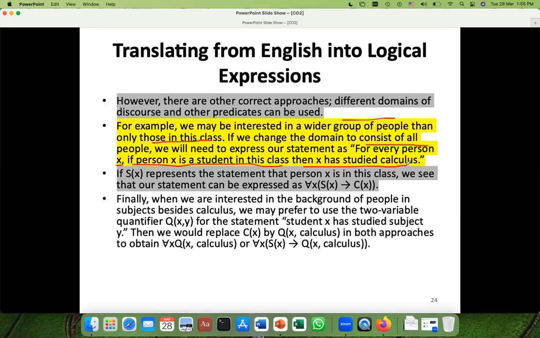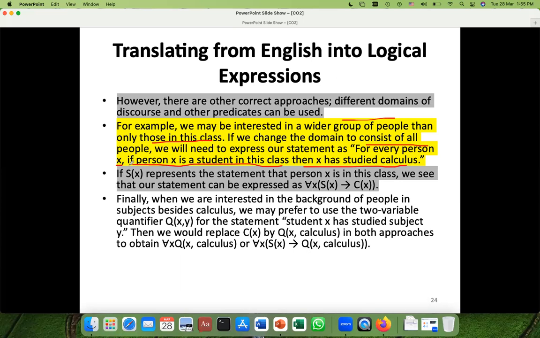He is thinking first about the people, and then in the people he is thinking about the students. Then the sentence would be in this form: for every person X, if person X is a student in the class, then X has studied calculus.